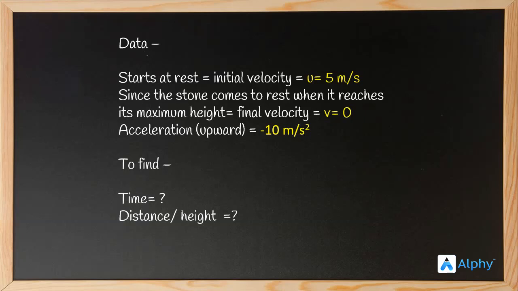So what we will do is, we already know that we can find distance directly from 2AS equals V square minus U square, correct? So we'll leave that aside. For now, we'll find the time using V, U and A. So which equation? Yes, V equals U plus AT. Here we need to find what? We need to find the time.